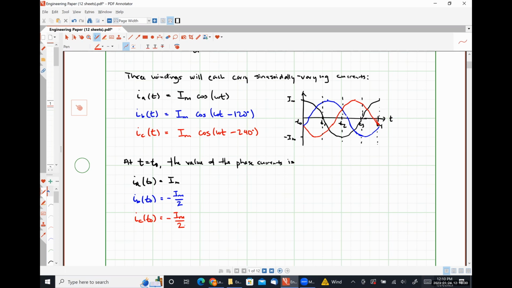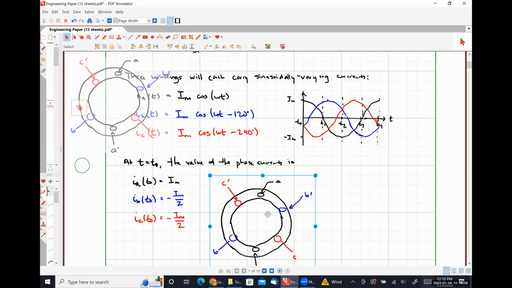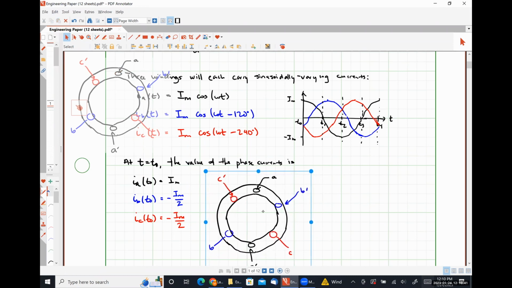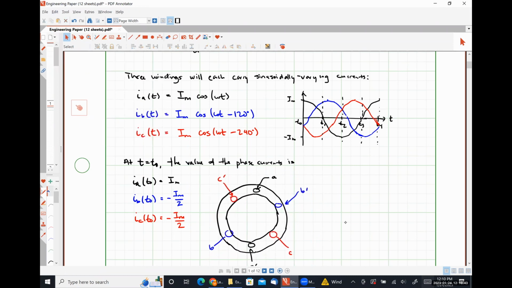Before we go on, I'm going to paste my stator diagram here, and we're going to look at some things. Okay. So let's start with our A phase.